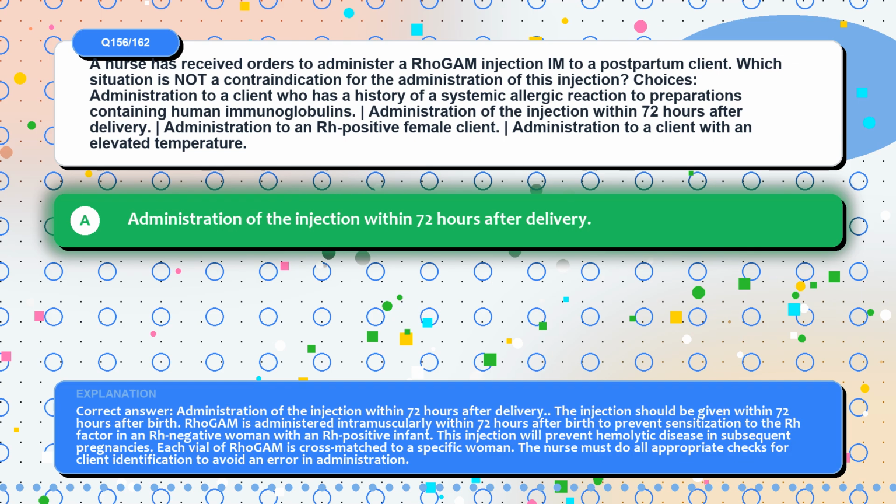RhoGAM is administered intramuscularly within 72 hours after birth to prevent sensitization to the Rh factor in an Rh-negative woman with an Rh-positive infant. This injection will prevent hemolytic disease in subsequent pregnancies. Each vial of RhoGAM is cross-matched to a specific woman. The nurse must do all appropriate checks for client identification to avoid an error in administration.